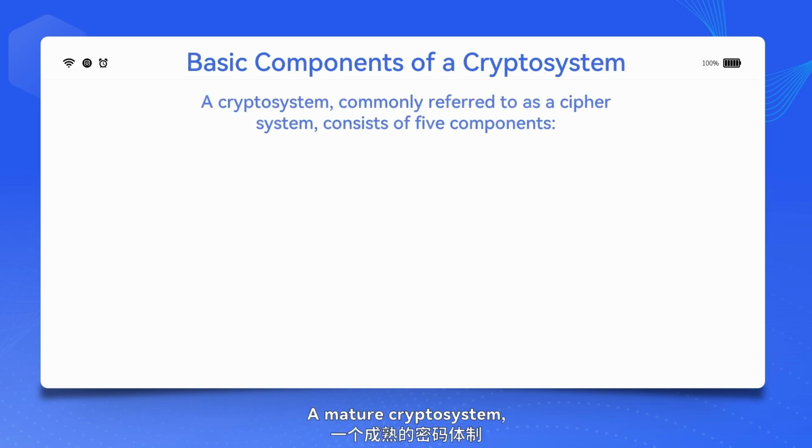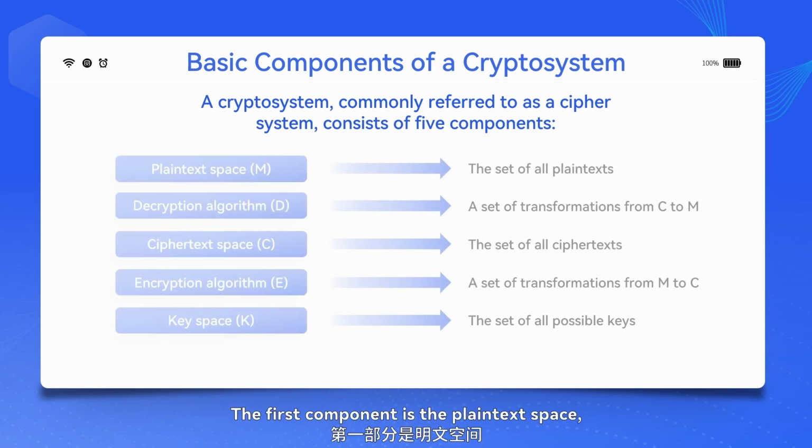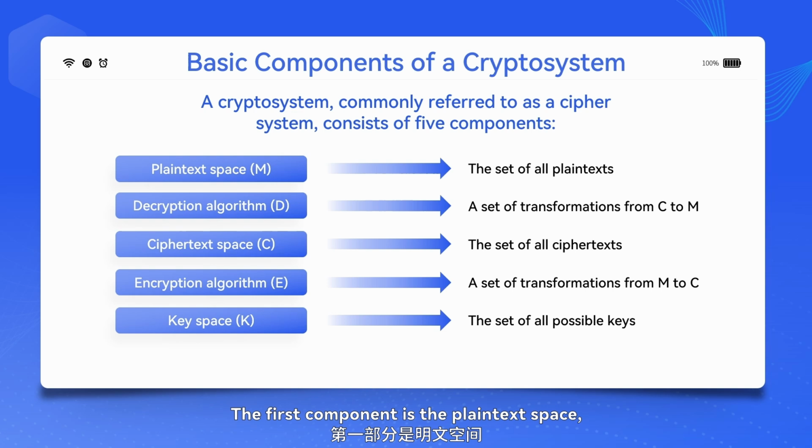A mature cryptosystem, commonly referred to as a cipher system, consists of 5 components. The first component is the plaintext space, abbreviated as M, representing the set of all plaintexts. The second component is the ciphertext space, abbreviated as C, representing the set of all ciphertexts.